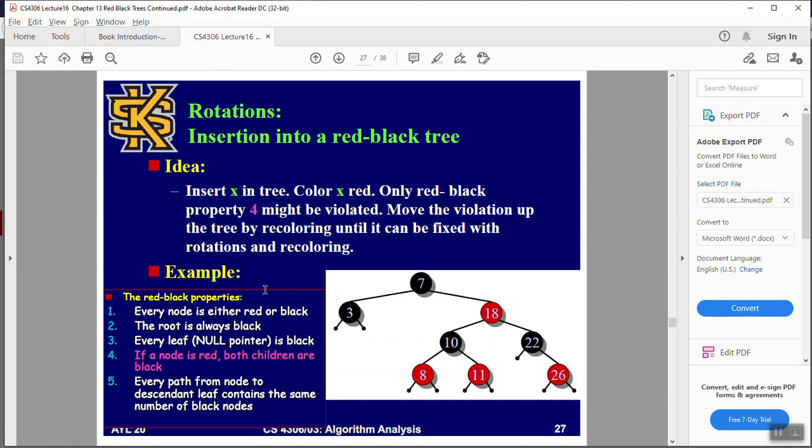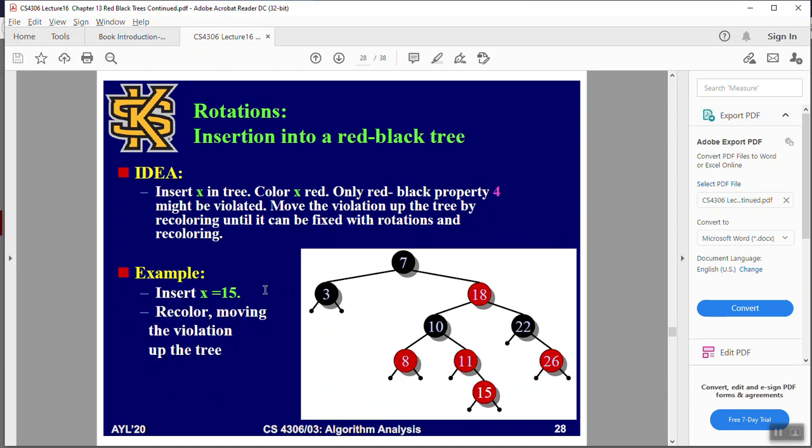What does this mean? Let us understand with an example. For instance, we want to insert 15 in this BST or red black tree.